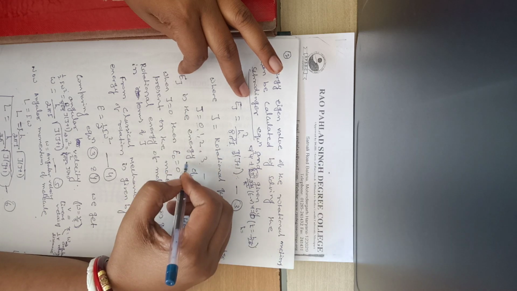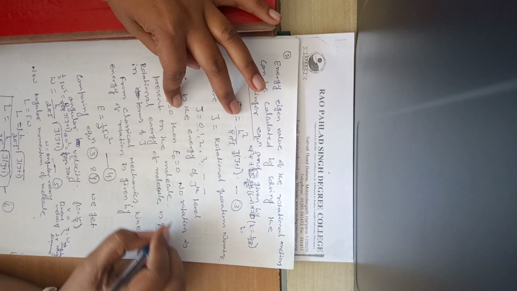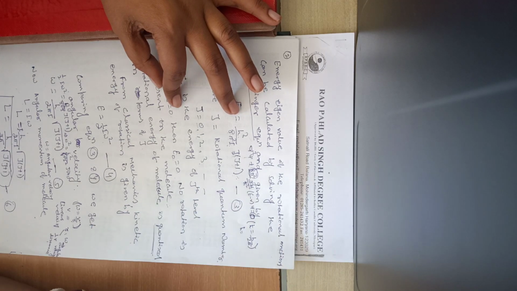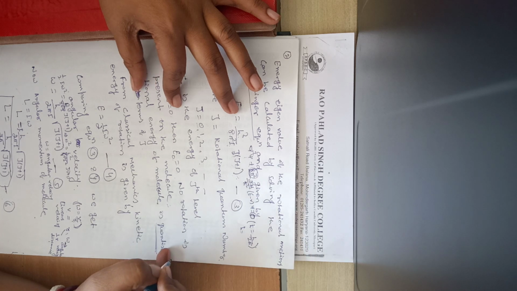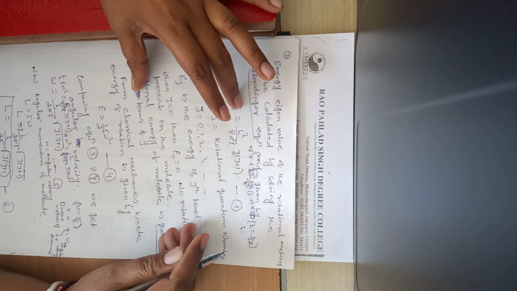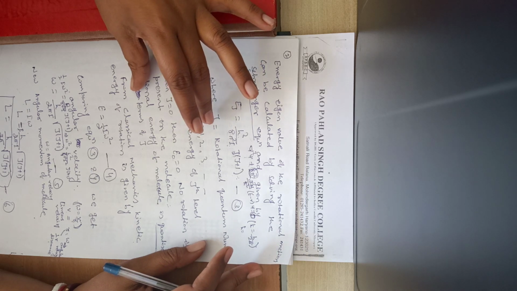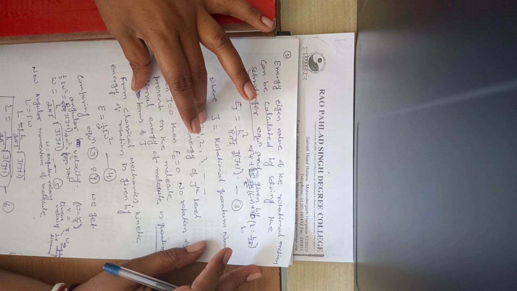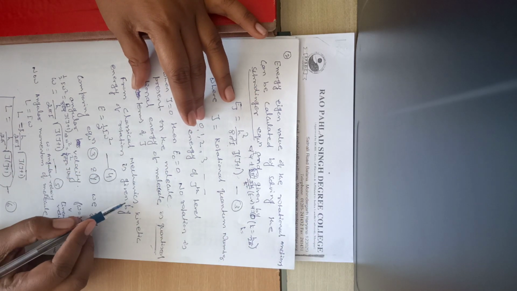When j equals 0, E0 equals 0, meaning no rotation is present in the molecule. The rotational energy of a molecule is quantized, in terms of j. Okay, clear?